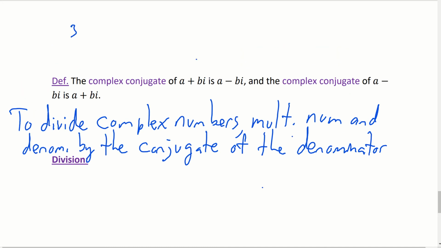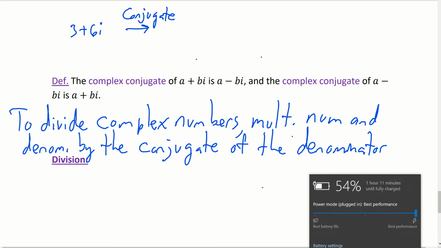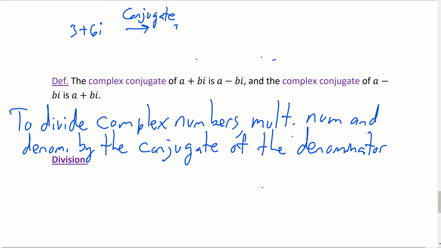If you have the complex number, let's say 3 plus 6i, its conjugate is simply a matter of changing the sign in between the real and the complex part. So its conjugate would be 3 minus 6i. Similarly, if we had negative 2 minus 7i, its conjugate is going to be negative 2 plus 7i. All you're doing is changing the sign in between the real part and the complex part to its opposite.